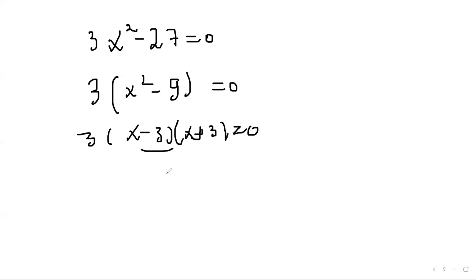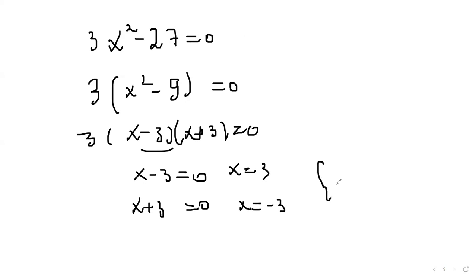You can see from here, by the null factor theorem again, x minus 3 equals 0 and x plus 3 equals 0. So we get x equals 3 and x equals negative 3. Again, we use the method of factorization here. We get minus 3 and 3 as the roots of the given equation.